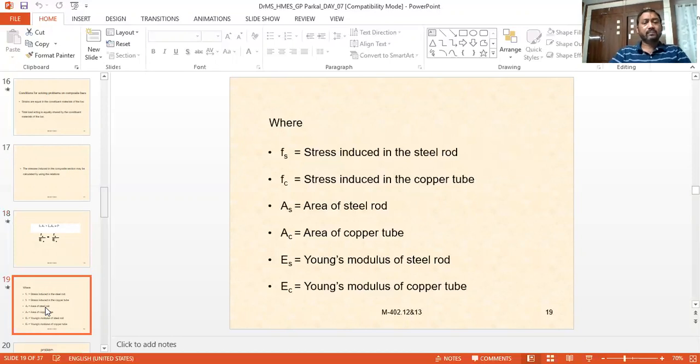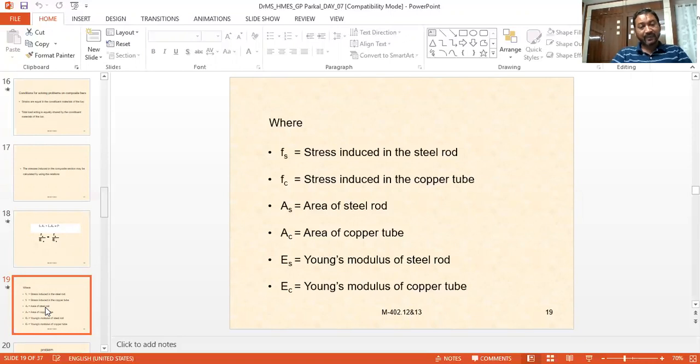Here, Fs means the stress induced in the steel rod. Fc means stress induced in the copper tube. As means area of the steel rod. Ac means area of the copper tube. Es is Young's modulus of the steel rod. Ec is Young's modulus of the copper tube. Just now we have studied bars of varying cross section.